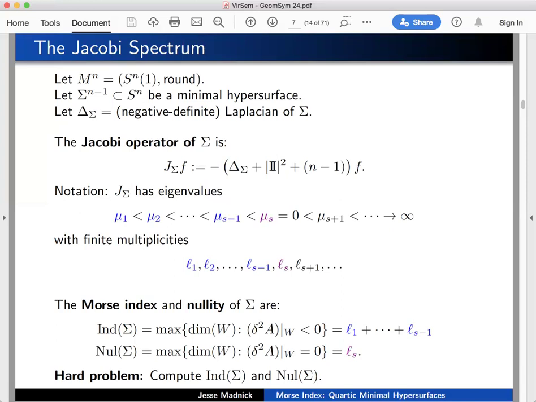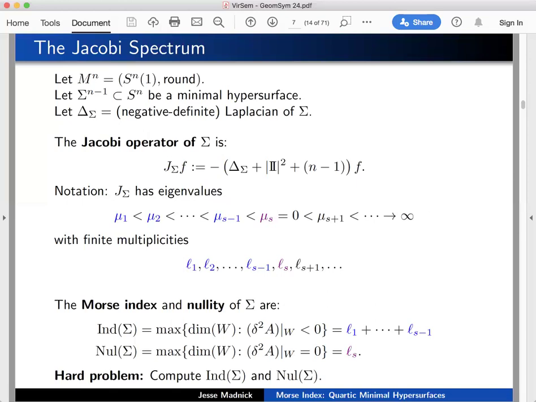Right, so the index then measures the failure of our minimal hypersurface from being stable. And so given a minimal hypersurface in the round sphere, what you'd like to do is just compute the Morse index and compute the nullity. Unfortunately, this is extremely difficult. If you pick a minimal hypersurface at random, computing the index and the nullity is essentially not feasible.